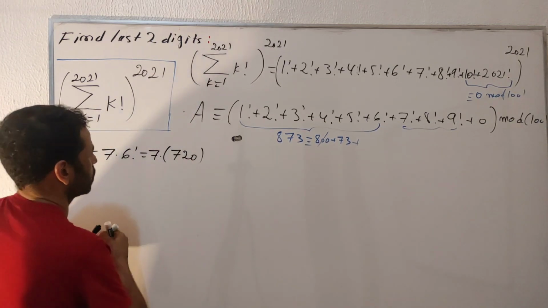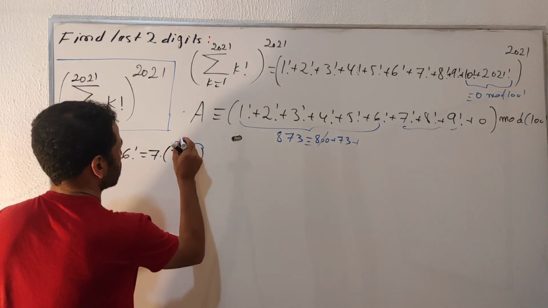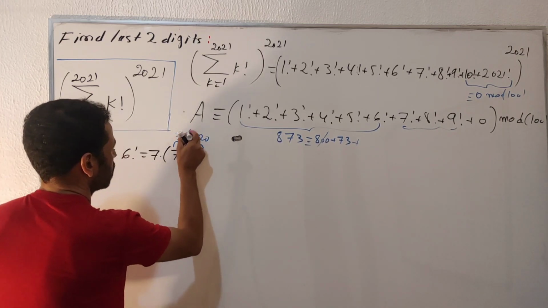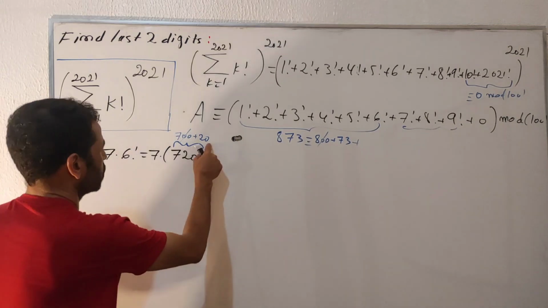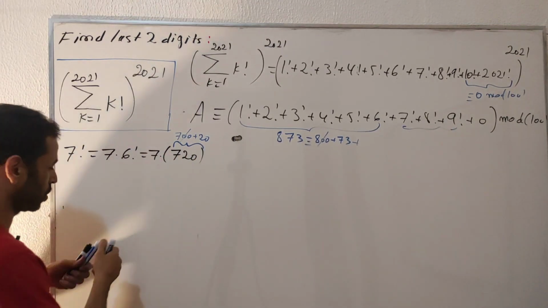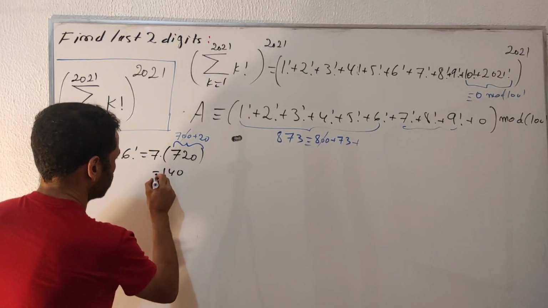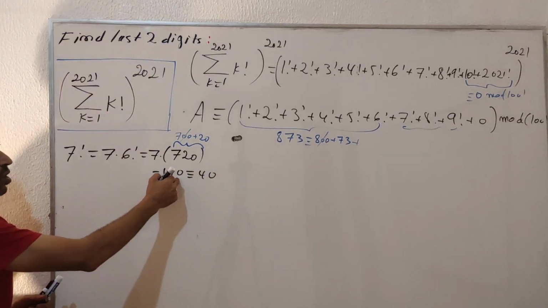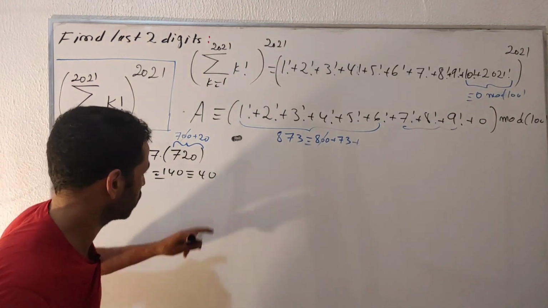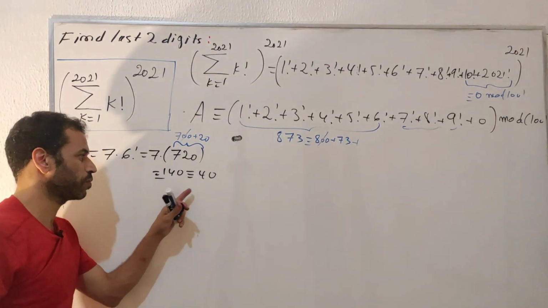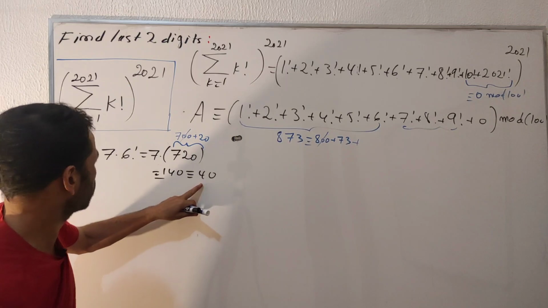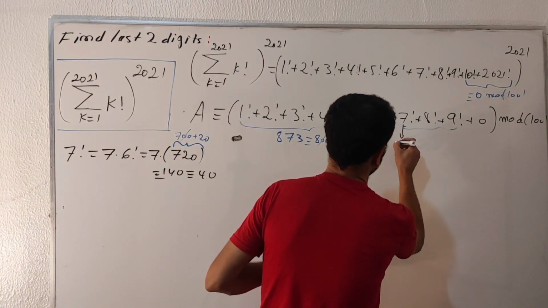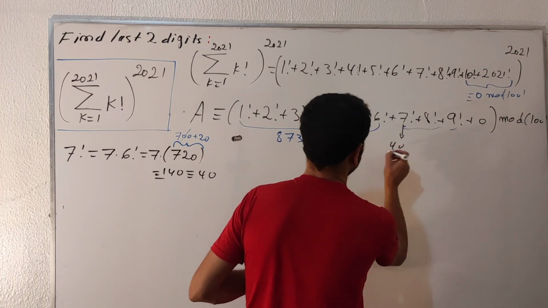If I split this 720 into two values, I get 700 plus 20. 700 is 0, so I will be left with 20 multiplied by 7, which is 140. 140 is congruent to 40, because 140 equals 100 plus 40. I will be left with 40 as a remainder.